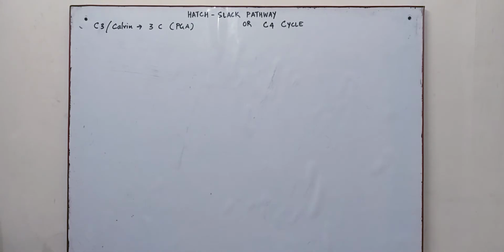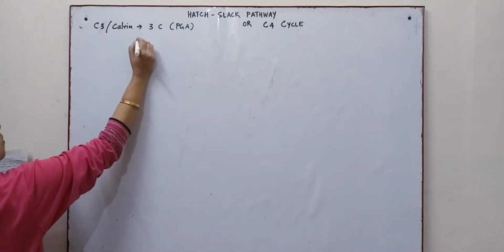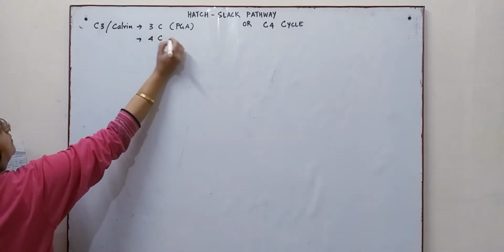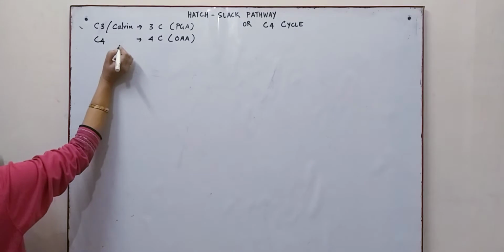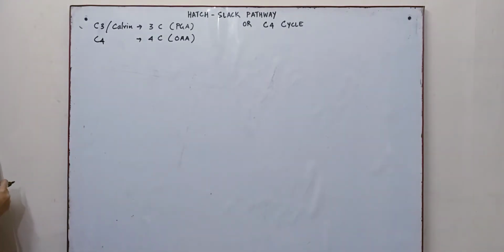But when scientists studied further, they found another group of plants where carbon dioxide fixation did not give a 3-carbon product. Instead, a 4-carbon compound, oxaloacetic acid, was formed, and therefore this cycle is referred to as the C4 cycle.